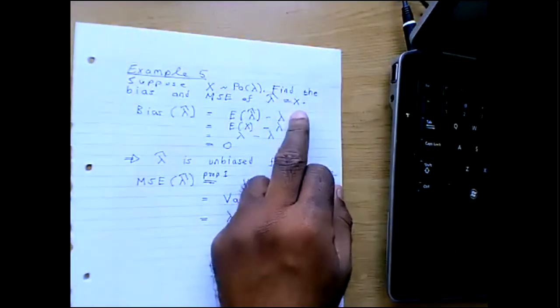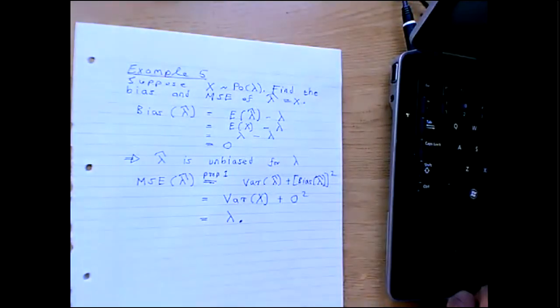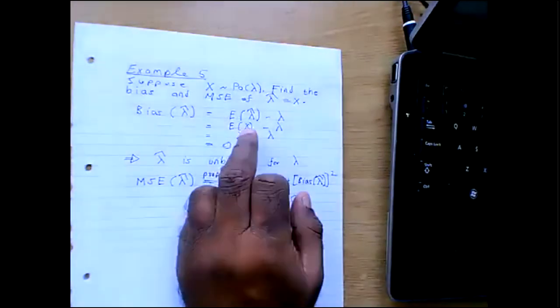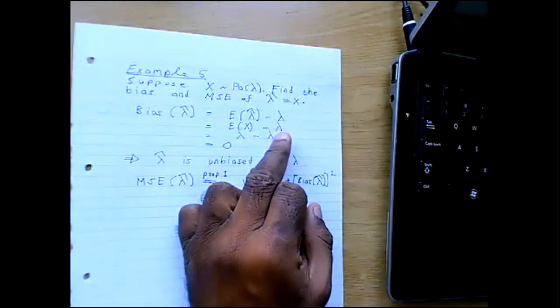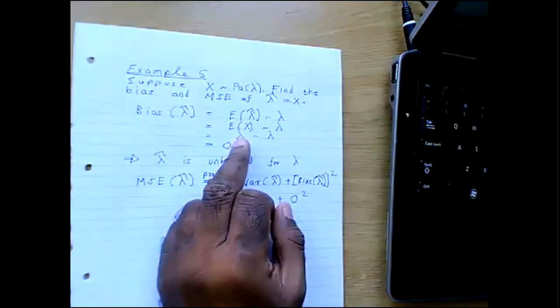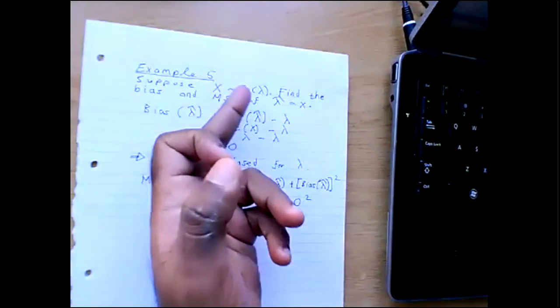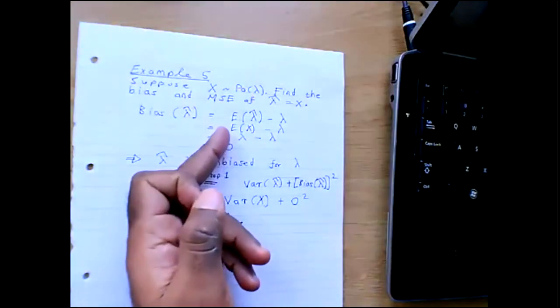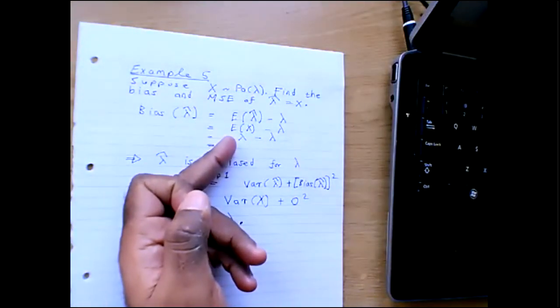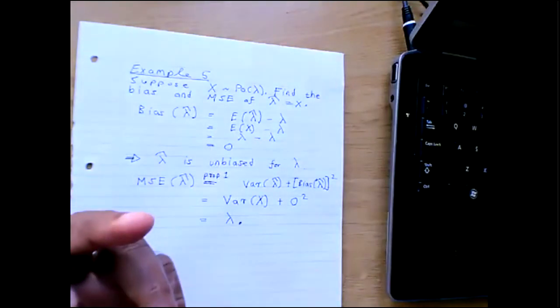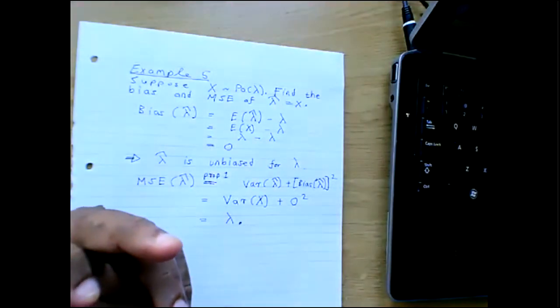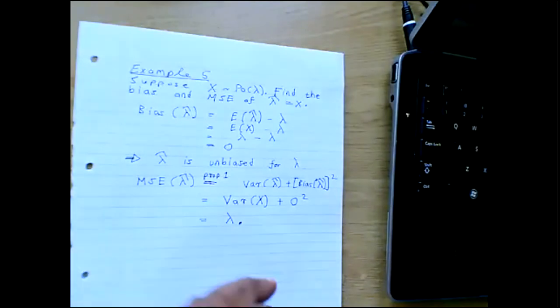Now, lambda hat is taken to be X in this example, right? So that's expectation of X minus lambda. X is a Poisson variable with parameter lambda, so the expected value is lambda minus lambda, which is 0. All right, Vincent, is that clear? Okay, thank you.